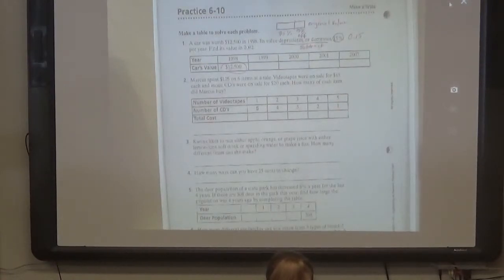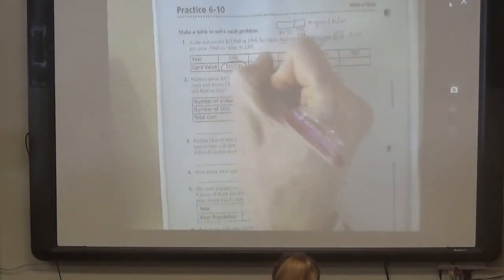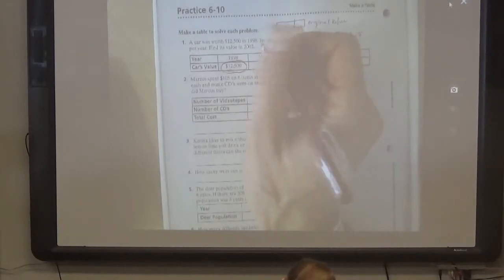What's 85% of the original value, 12,500?